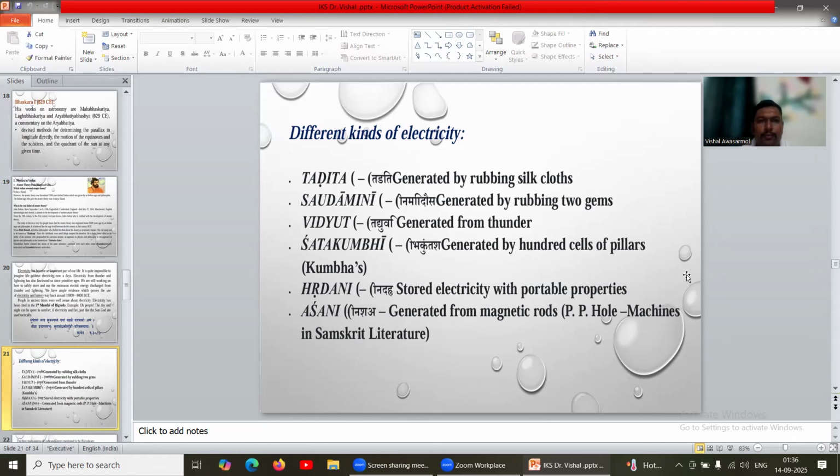Vidyut means generated from thunder. Shatakumbhi means generated by 100 cells of a pillar. Hradini means storing electricity with portable properties, and Ashani, generator of magnetic rod.